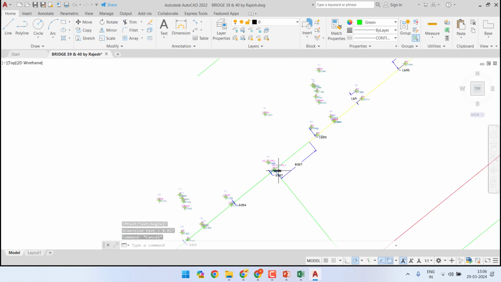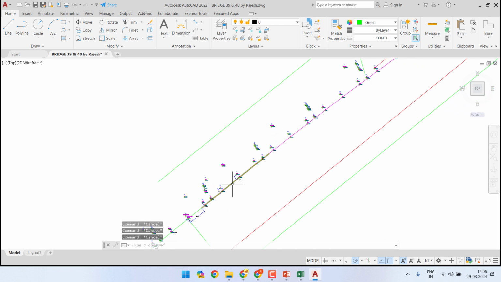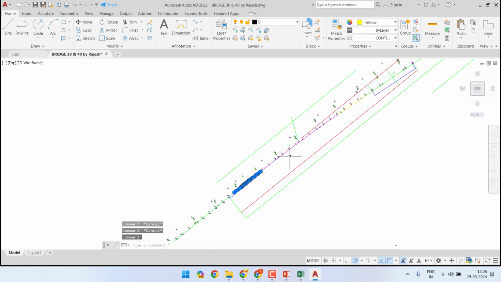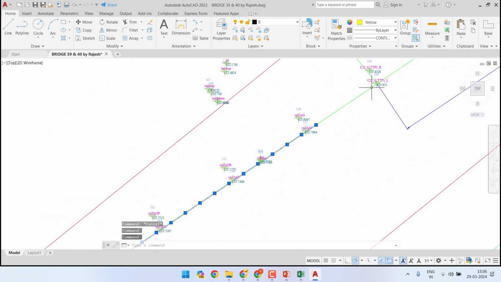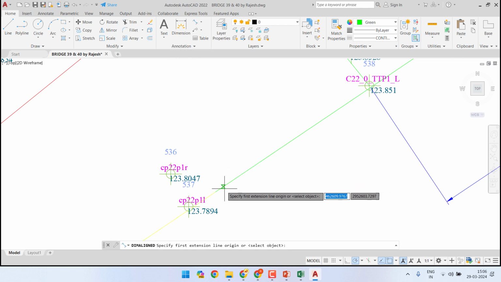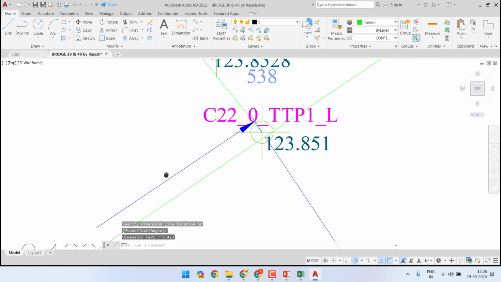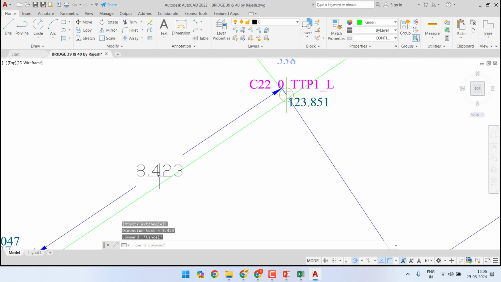This gap 8.02 that we see here will also be reflected in the first transition, because TTP1 was supposed to start here, but TTP1 has actually started here. This will also come approximately 8 meters only. Alright, 8.4, approximately 8.